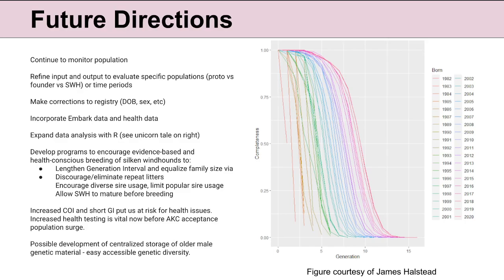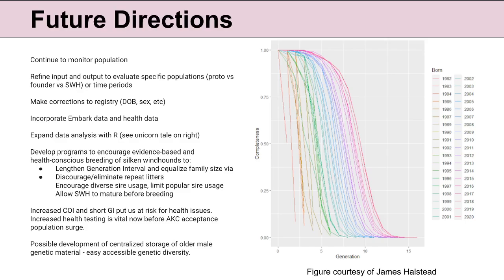So you can see in 1982, the max depth of those dogs is only 1 generation, 2 generations. But as we go forward past ISWS formation, past UKC acceptance, up to the year 2020, we see that there are dogs that have a maximum depth of 16 generations. And part of that might be due to short generation intervals, but like we have depth there.